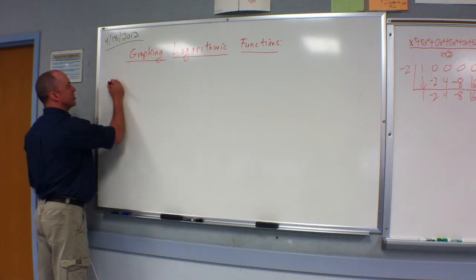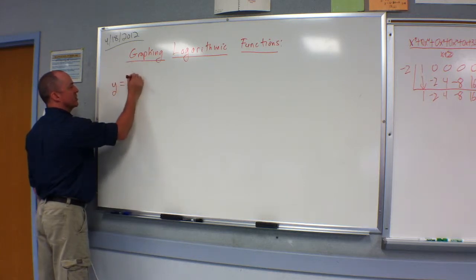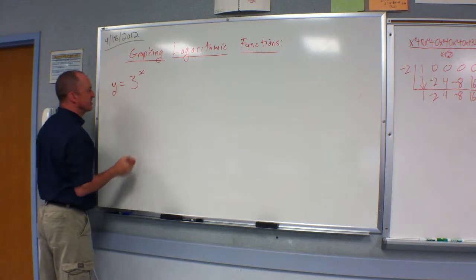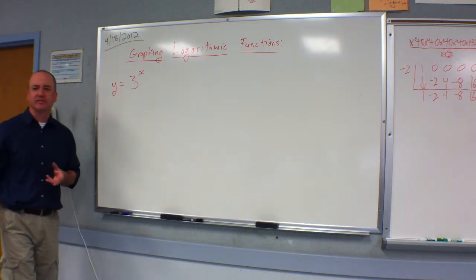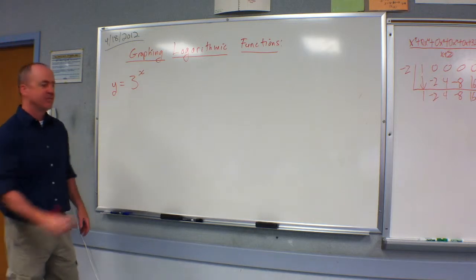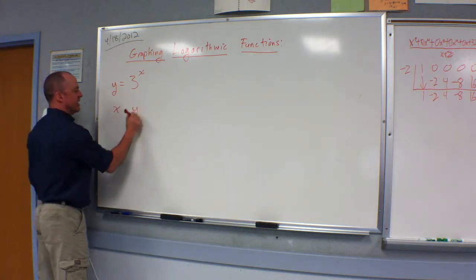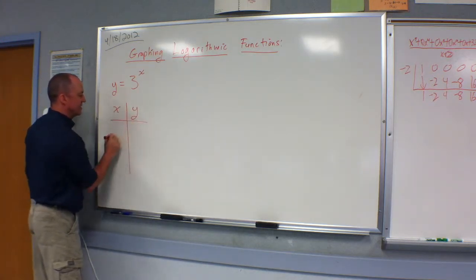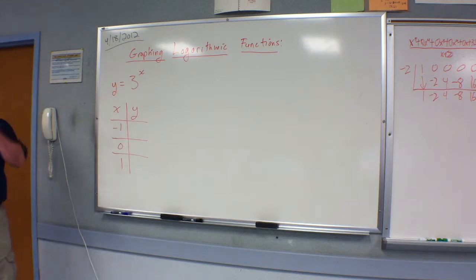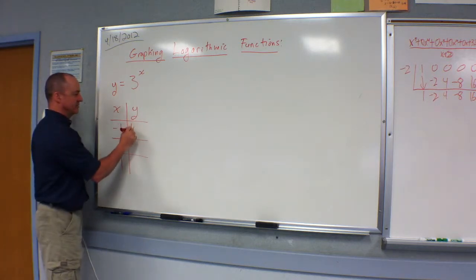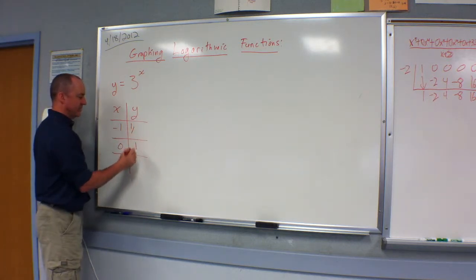If I asked you to just graph y equals 3 to the x, what were the 3 points that I said I was most interested in on this graph? Negative 1, 0, 1. Were those x's or y's? X's. I was really interested in negative 1, 0, and 1. What y values do these x's get me? 1 over n, 1, and n.